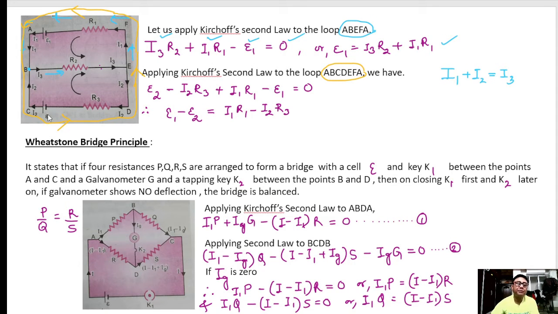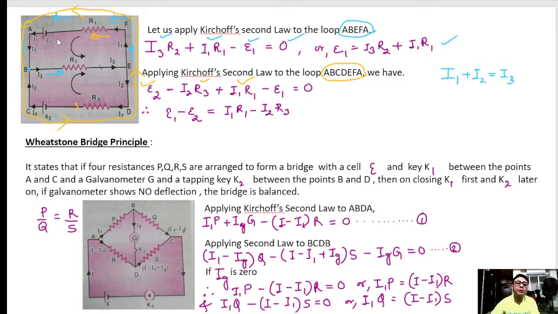So let's see now. First of all, if I go along E2, we are entering the positive terminal, so that is plus. Then we are going over this opposite to the current, so I will take minus I2 R3. Then we are going in the direction of the current, so I will take plus I1 R1.